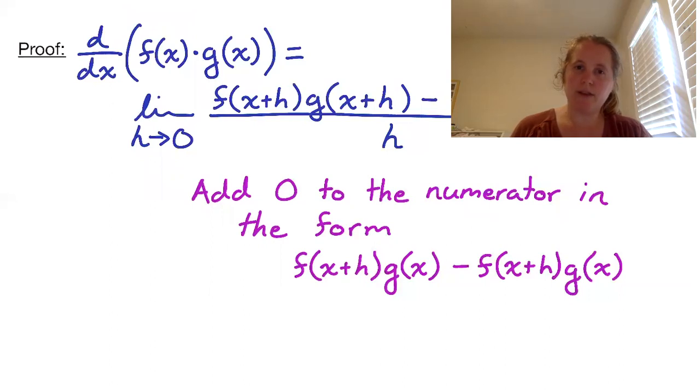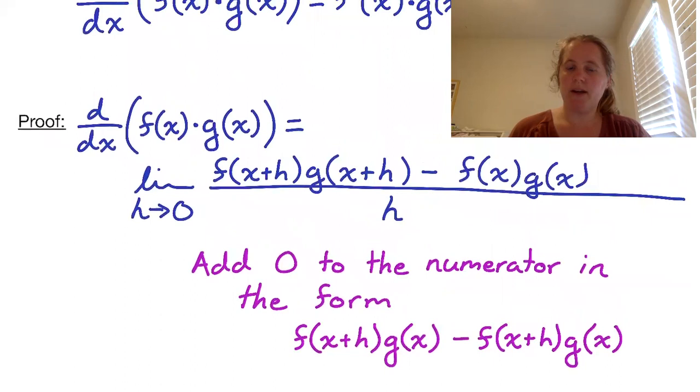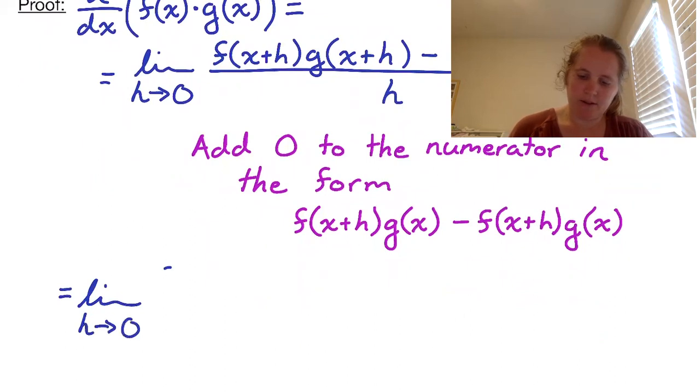So if we do that, so here's what we started with. If we add that into the numerator, we wind up with a limit as h goes to 0 of f of x plus h times g of x plus h.